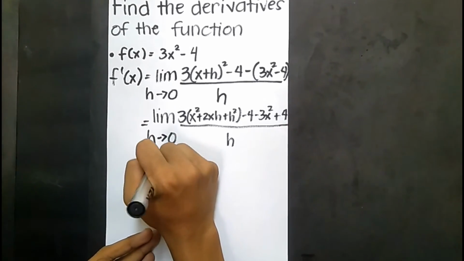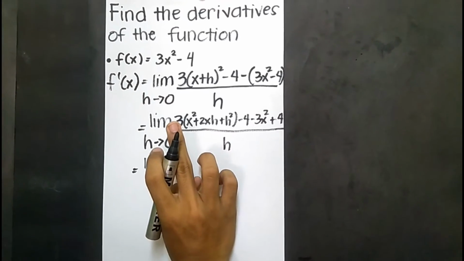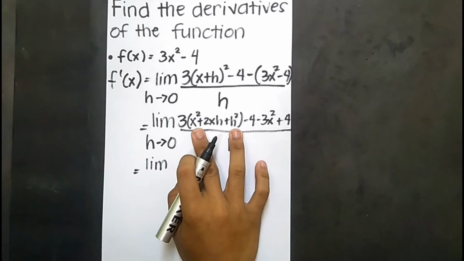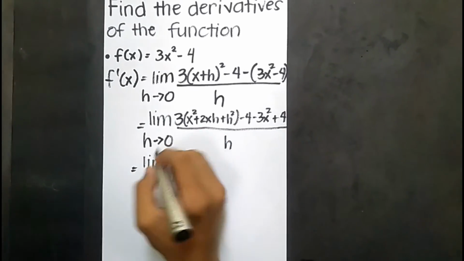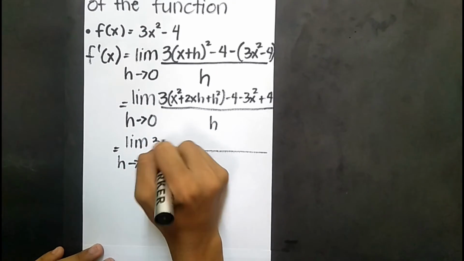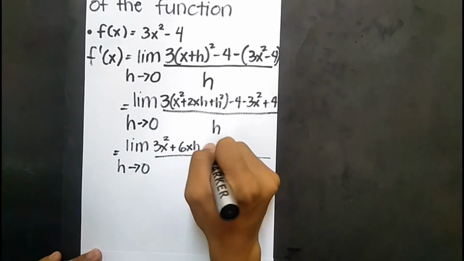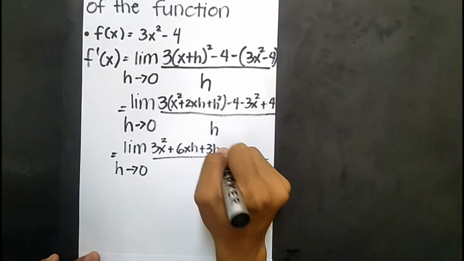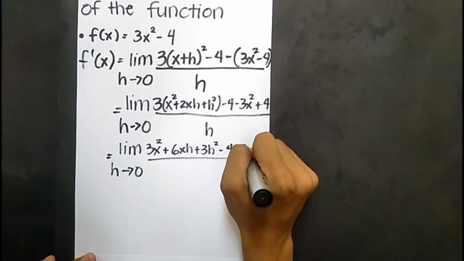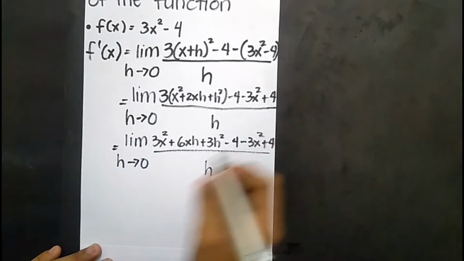Third, distribute the numerical value 3 to the expression x squared plus 2xh plus h squared. Your expression would be 3x squared plus 6xh plus 3h squared minus 4 minus 3x squared plus 4 all over h.